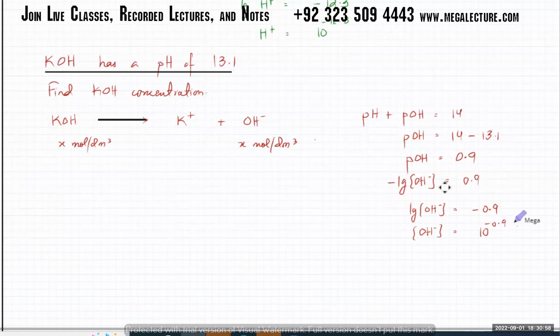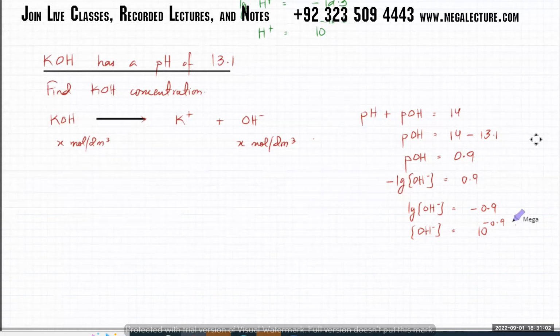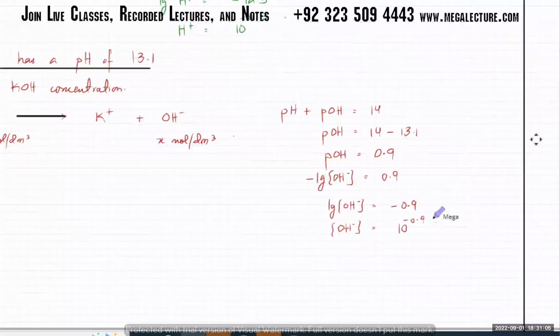You could have done that in the first steps too: whenever you see pOH 0.9, that just means the OH ion concentration is, and that will be quicker if you remember, you can just skip the math. It's just going to be 10 to the power minus 0.9. That's it.